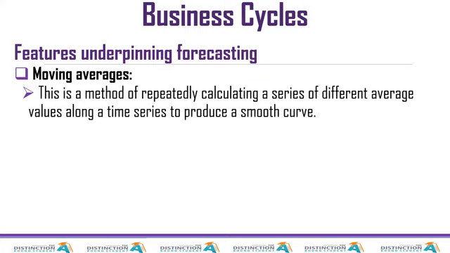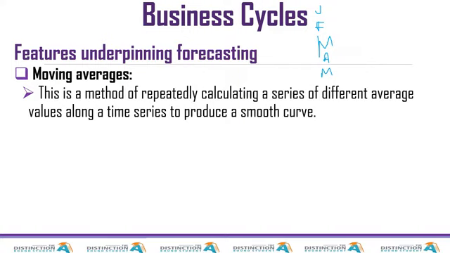And then the last one is moving average. For moving average, let me give you examples. Let's say we have January, February, March, April, May.